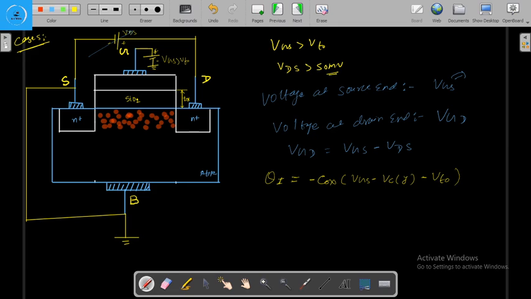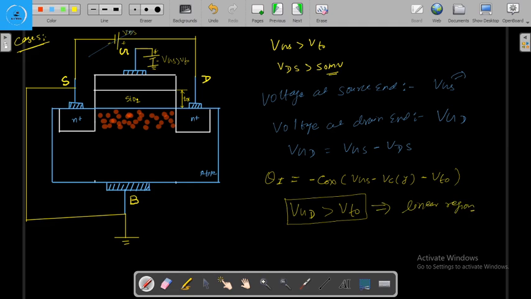So when this VGD is greater than Vt naught, this region of operation is called the linear region of operation.